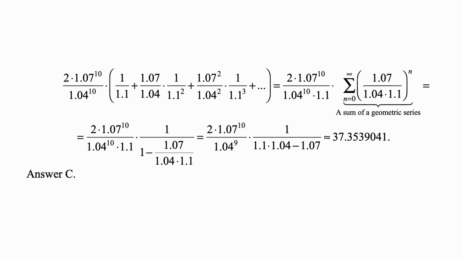And then if we take 1.04 to the first power times 1.1 to the first power from the denominator of the first fraction and multiply the second fraction's denominator by it, then the second fraction would become 1 over 1.1 times 1.04 minus 1.07, and the first fraction becomes 2 times 1.07 to the 10th over 1.04 to the 9th. And then we just calculate this is approximately 37.3539041, and that's answer C.